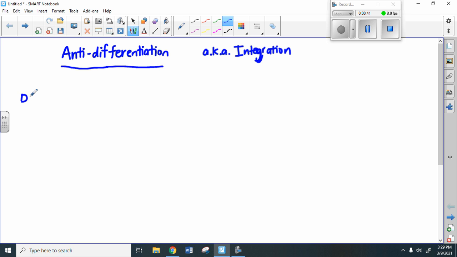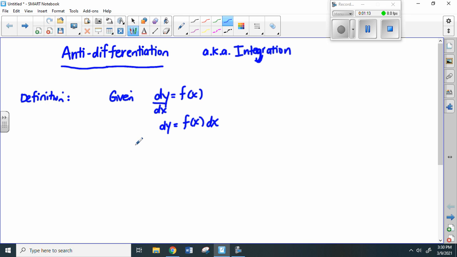So by definition, if you are given dy over dx equals f of x, and you do what's called separating the variables, so you get the y's on one side and all of the x's on the other, then you can integrate both sides.